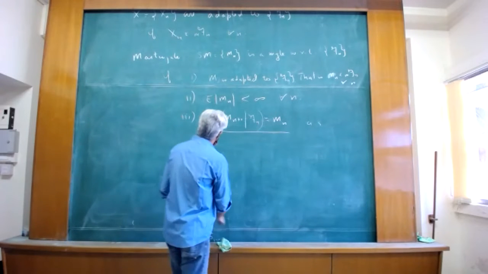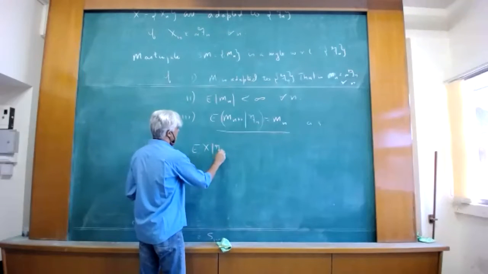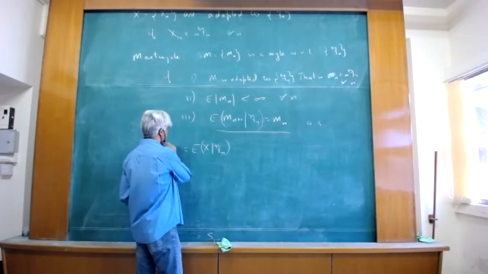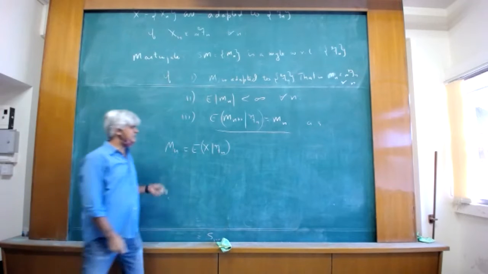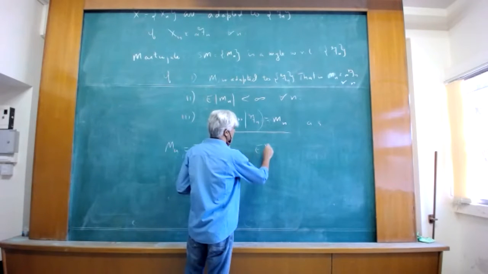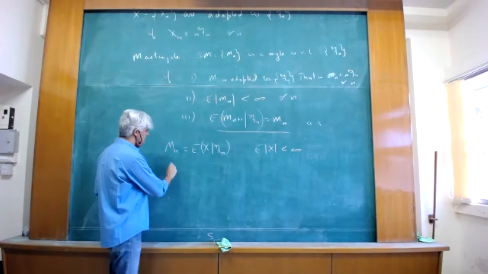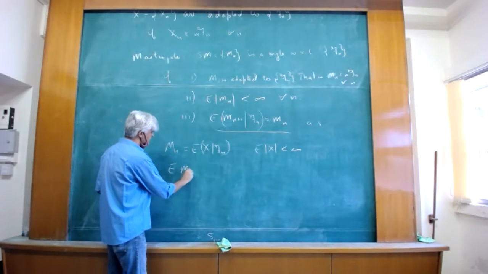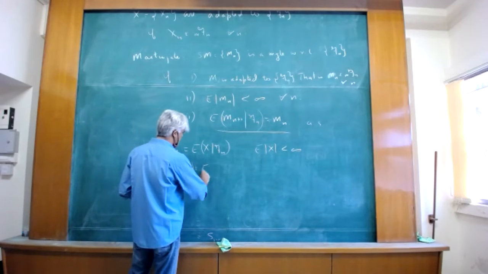So now you can see what we had said earlier: E of X given Fn is a martingale, right? I just need E of |X| to be less than infinity, and then I'm set. Because I know that expected value of |Mn| is expected value of |E of X given Fn|.